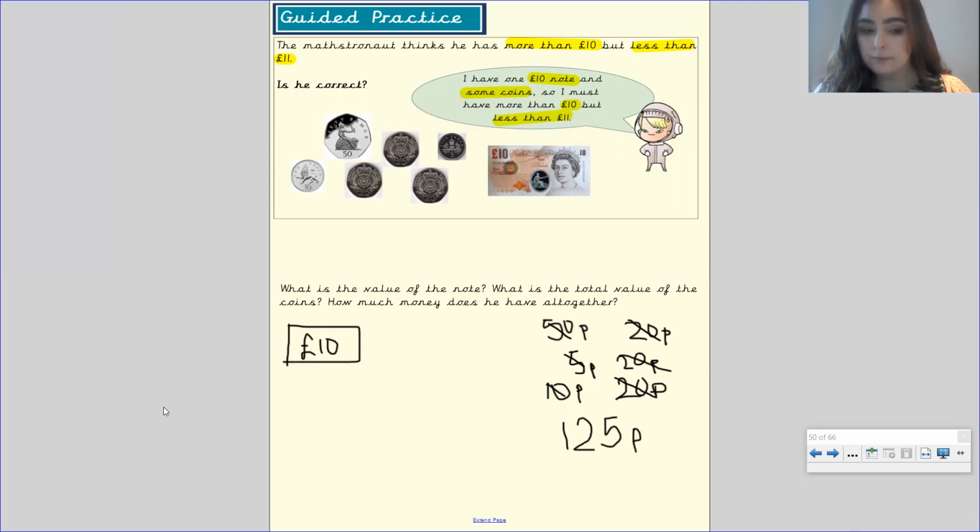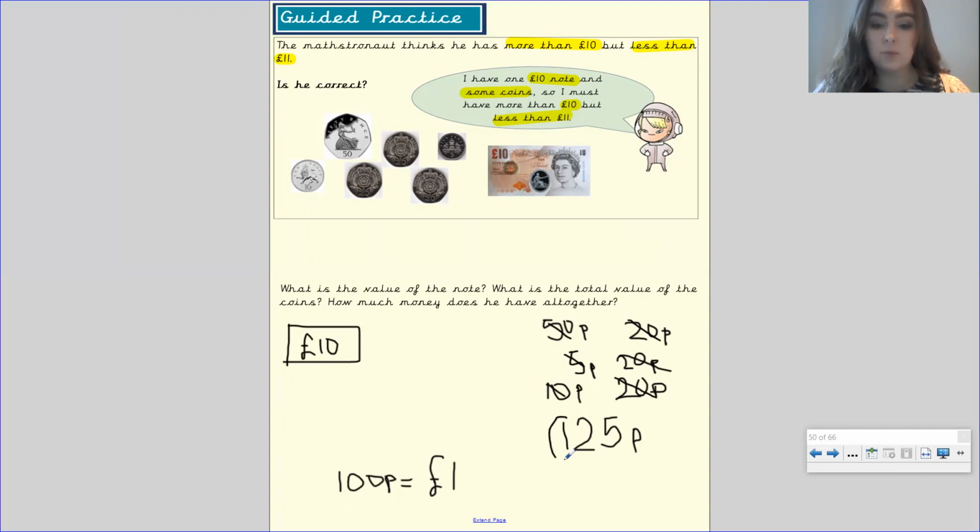But we know that 100 pence is the same as £1. So what do you think we might need to do next? Pause the video to have a think. Well done.